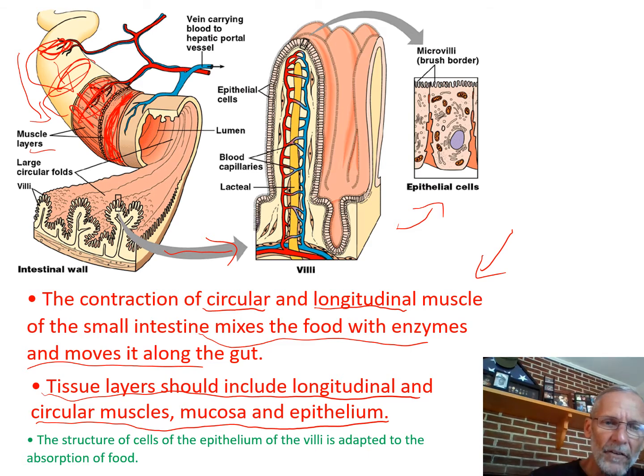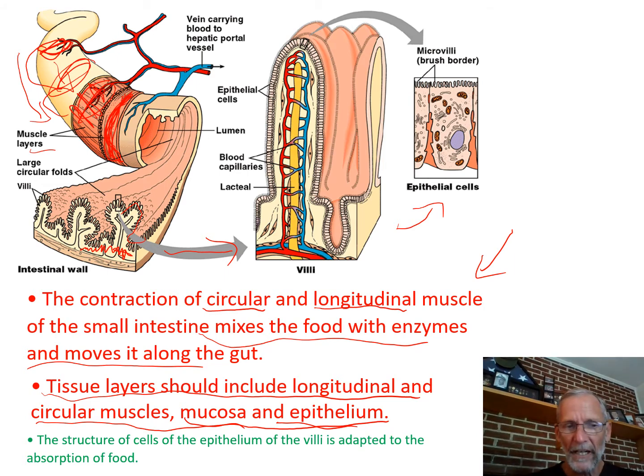But then you have a layer that's called mucosa. That would be this kind of light tan layer here. And then you have the outermost layer, just like it is with your skin, called epithelium, right? And they specifically threaten to ask you those.